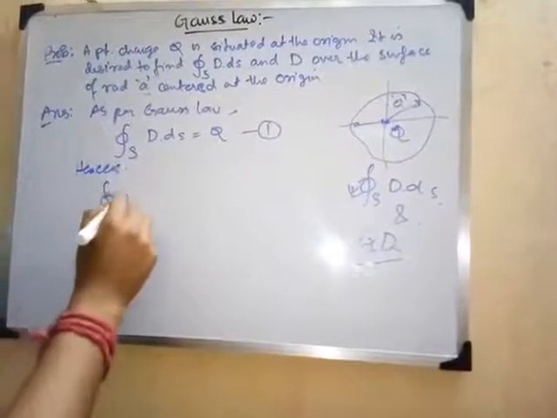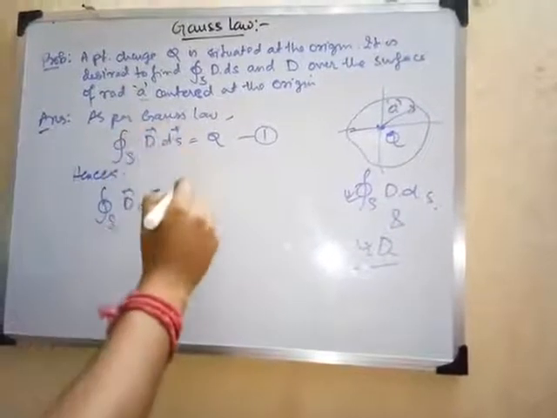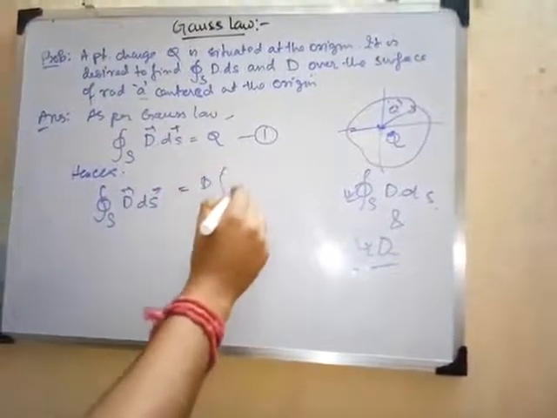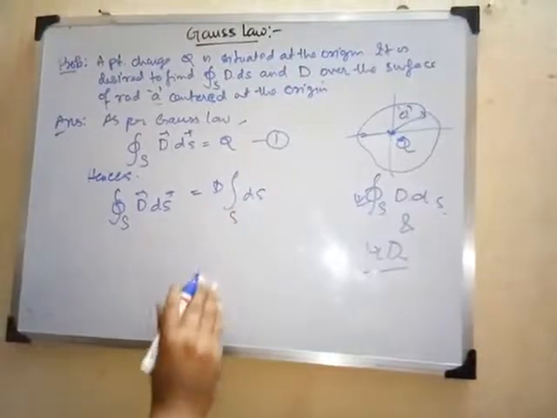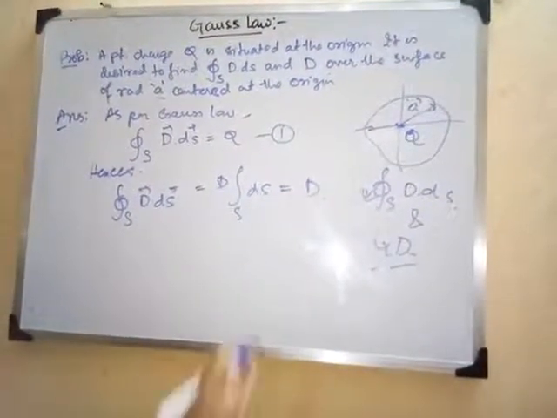Hence we can write the closed surface integral of D·dS, these are vectors, will be equal to D times the surface integral of dS, which equals D times S. Why have I written this?